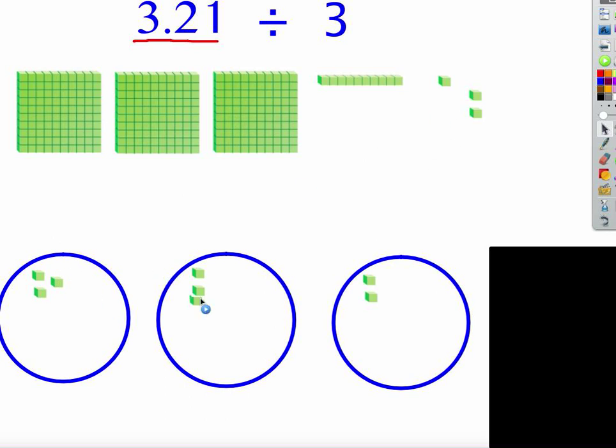But the problem is I'm going to have 2 of those singles left over, and I can't put 2 singles into 3 equal groups. So once again, I'm going to have to get rid of one of my rods, and put 10 more to go along with these 2. So that means I should have 12 of them altogether now.